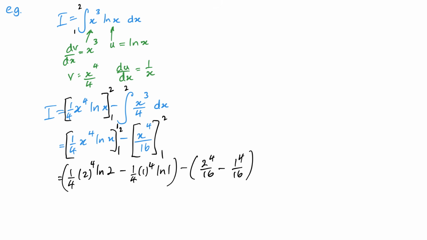So from my first bracket, 2 to the power 4 is 16, a quarter of that is 4 ln 2, and then ln 1 is 0, so that's going to become 0. Then looking at my second bracket, 2 to the power 4 is 16, 16 over 16 is 1, minus 1/16 is 15 over 16. And there we have it.